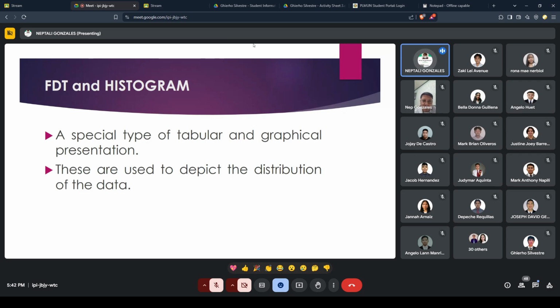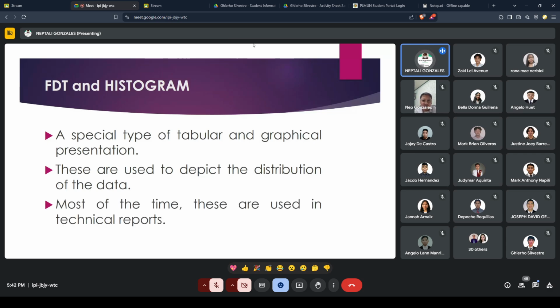These are used to depict the distribution of the data, and most of the time, these are used in technical reports. As I have mentioned during our face-to-face classes, the tabular method is commonly used in technical reports.